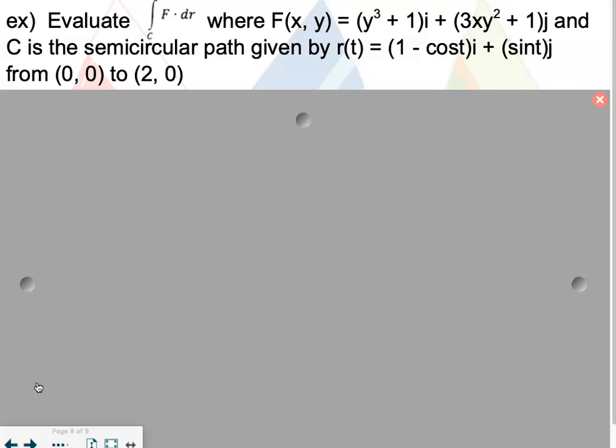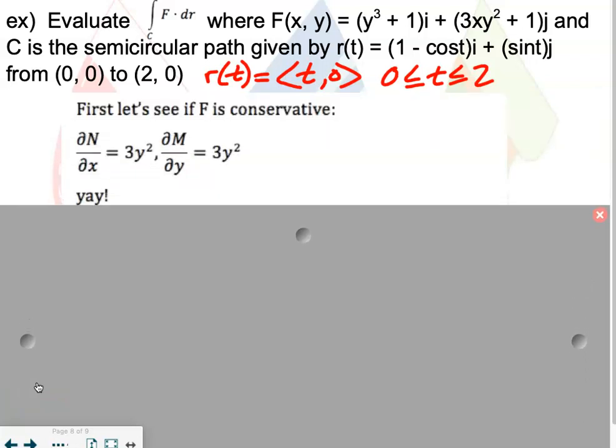So currently we're following this r of t to get from (0, 0) to (2, 0), but we could just as easily follow r of t equals t comma 0 from 0 to 2 and do the exact same problem, f dot r prime, which would be much, much easier, right? So you could do that, or you could use the fundamental theorem of line integrals. I personally like the fundamental theorem of line integrals the best.